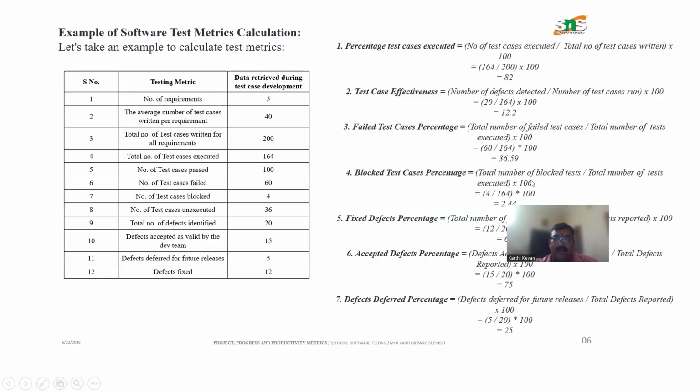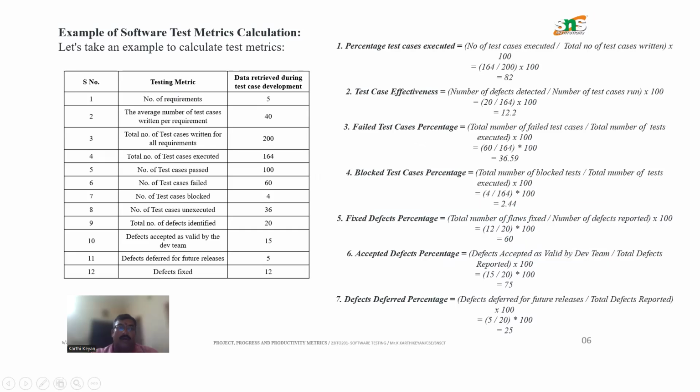One example: a problem example for software testing metric calculation. Let us take an example of calculating testing metrics, with data retrieved during test case development. Number of requirements: 5. Average test cases written per requirement: 40.